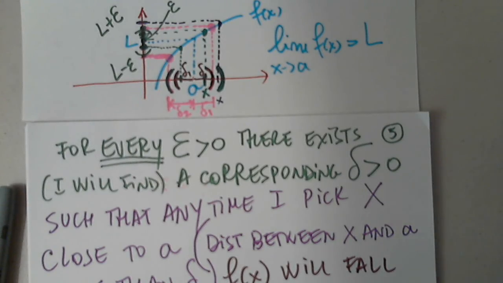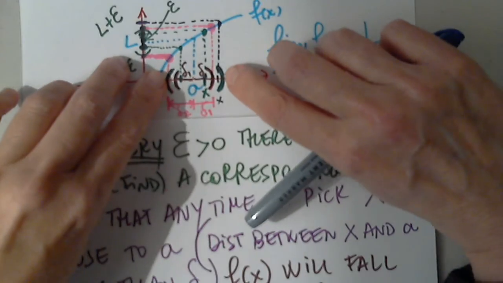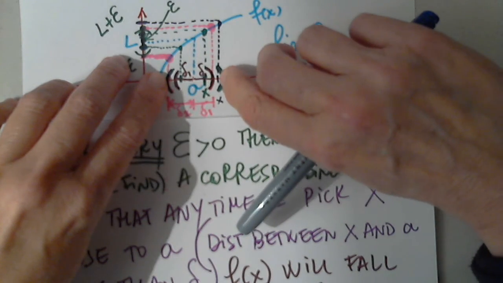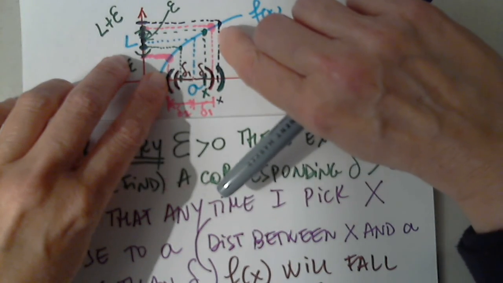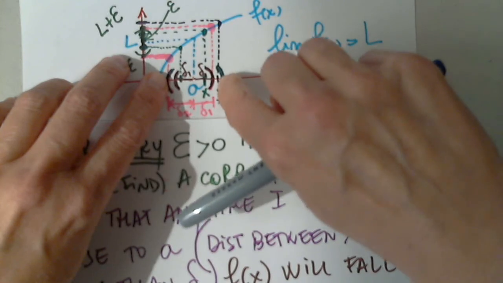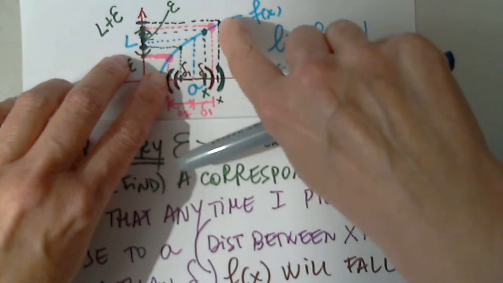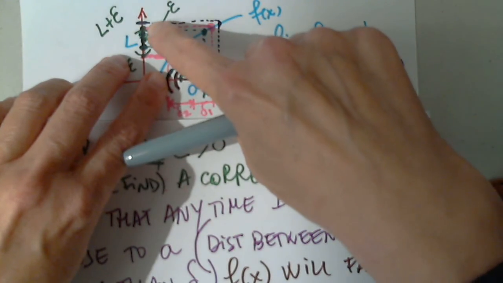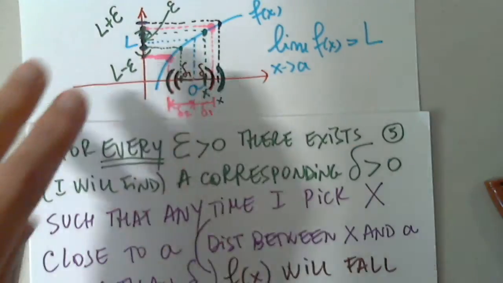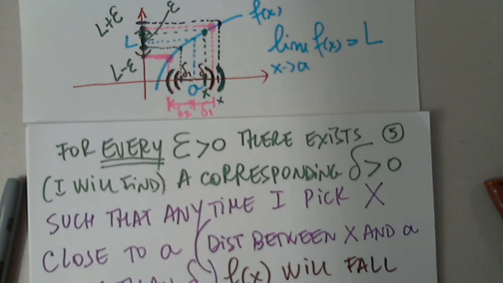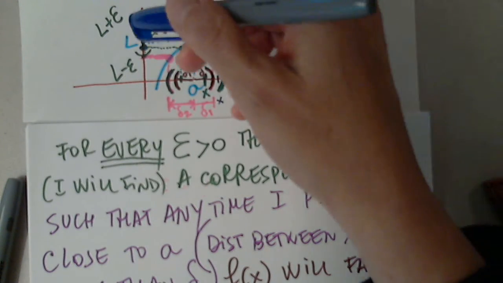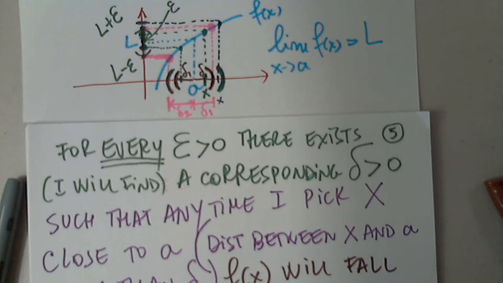Did you see what happened? When I picked delta 2 and I picked x here, was f of x for this x value within epsilon away from the limit or not? No, it was outside of the interval. Which means that I need to pick which of the two deltas.